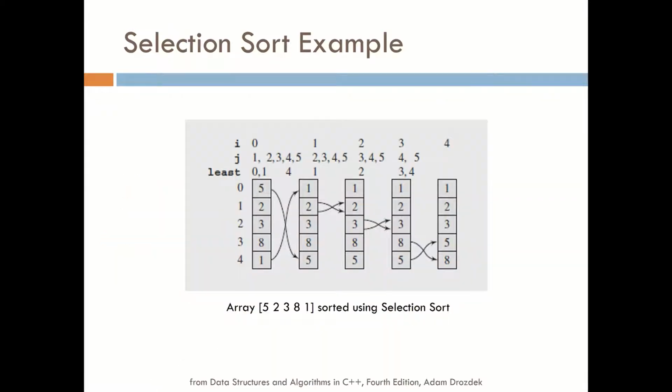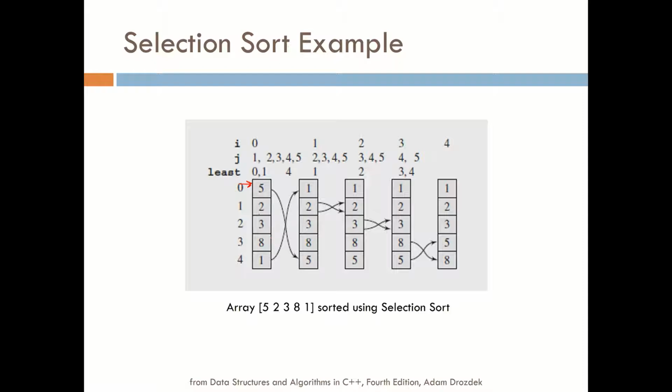Okay, so again, a picture is worth 1,000 words. Here is the algorithm. We begin once again by saying i is the position that we're trying to nail down. Initially we're trying to nail down this position, and we sweep from here all the way to the end, and we remember the smallest value that we saw, and we swap it if it's less than this value.